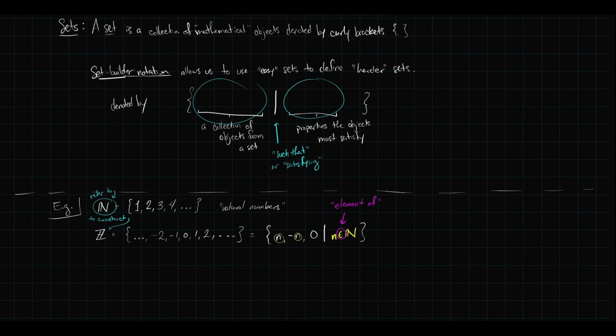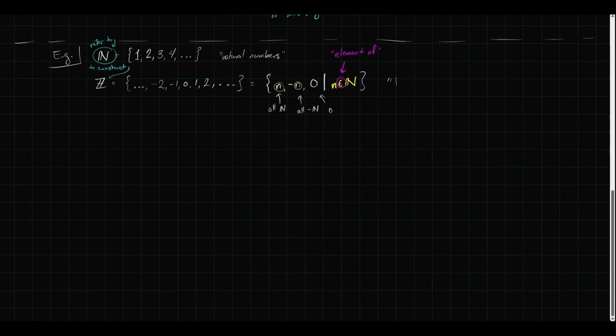It just means that we're placing this n here inside of the bigger N. So that means that we're taking each of these n's from the natural numbers. That's how set builder notation can give me all of these, because I take all natural numbers, all negative natural numbers, and 0, and I end up with the integers. So that's the first example of set builder notation, the integers.